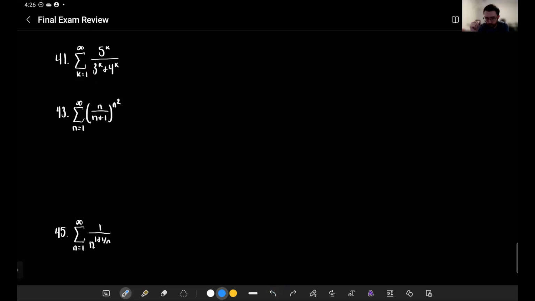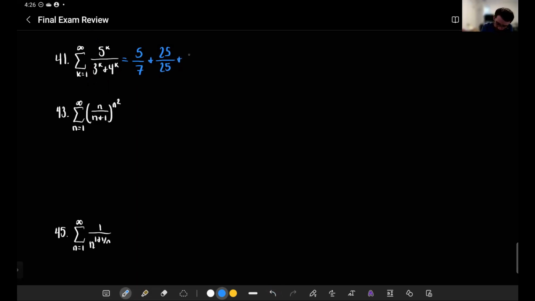So you probably just think, let's write out some terms. For k equals 1, this would be 5 over 7. For k equals 2, it would be 25 over, actually, it's 25 over 25, because 3 squared plus 4 squared is 5 squared. It's like a 3, 4, 5 triangle.